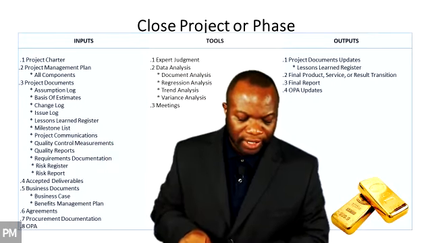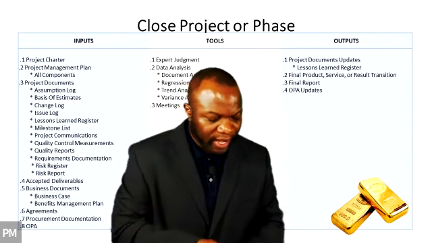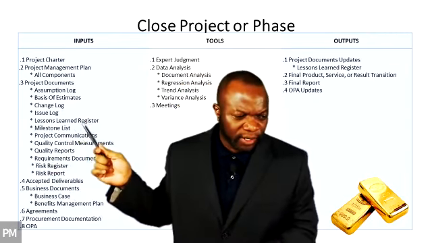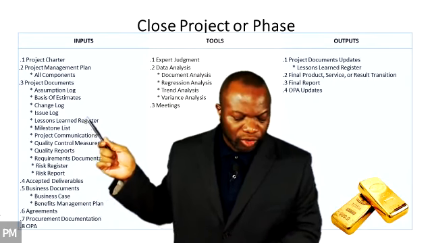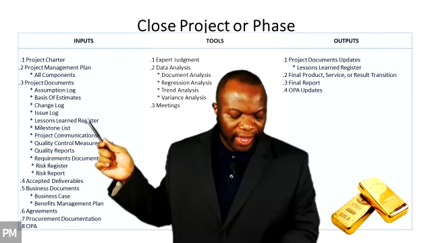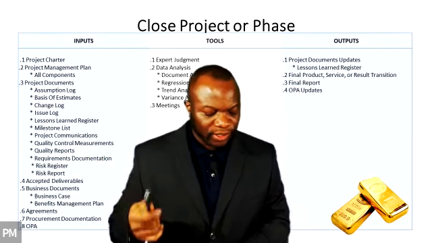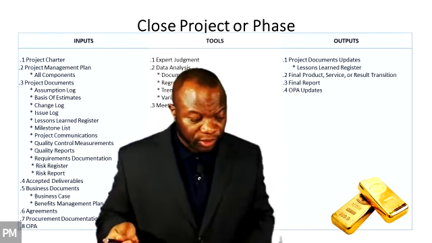The lessons learned in the phase or project will be finalized. You see, you're trying to finalize all these things, but this one definitely needs to be finalized. So it comes in here. You're going to finalize it before entering the lessons learned register into the lessons learned repository. Where is the lessons learned repository?